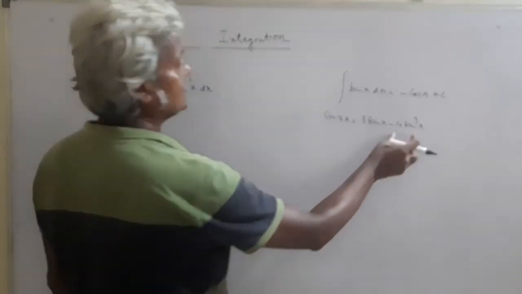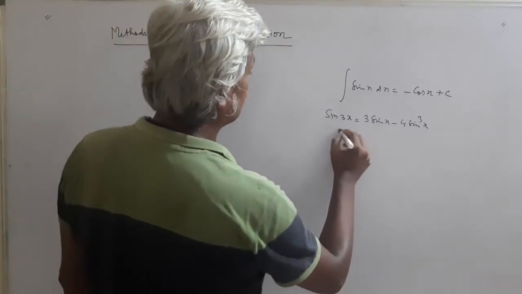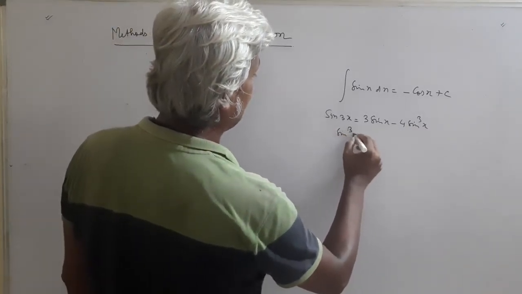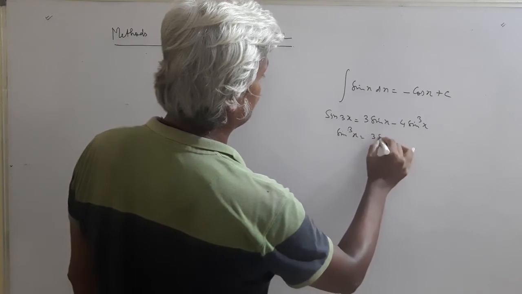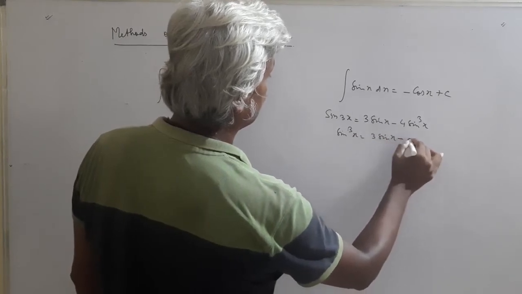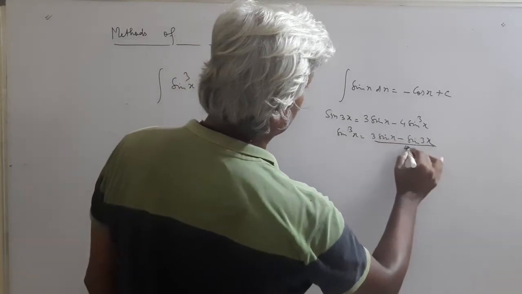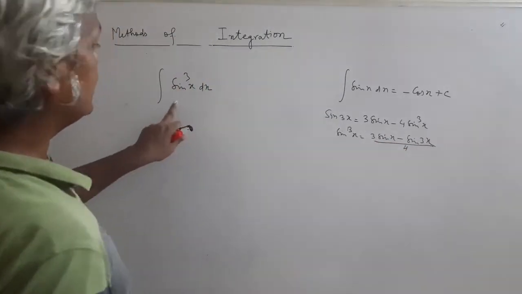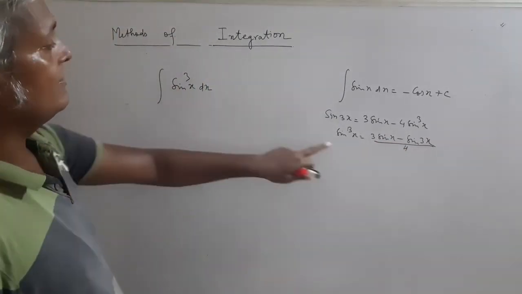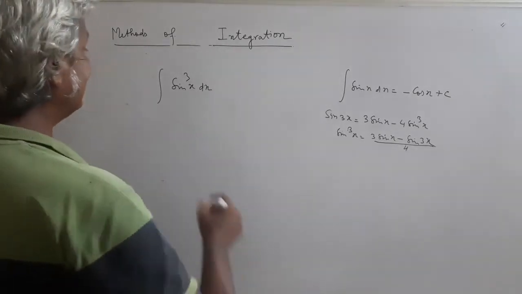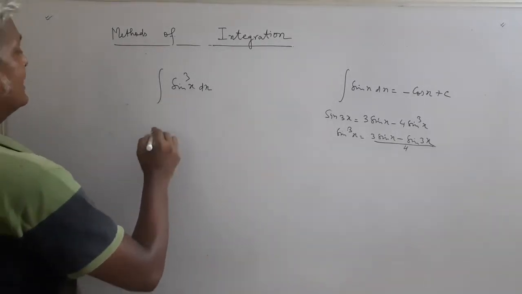Now I make sine cube x the subject, so sine cube x will become (3 sine x minus sine 3x) all divided by 4. So in place of sine cube x we will put this term and integrate it rather than integrating sine cube x directly.